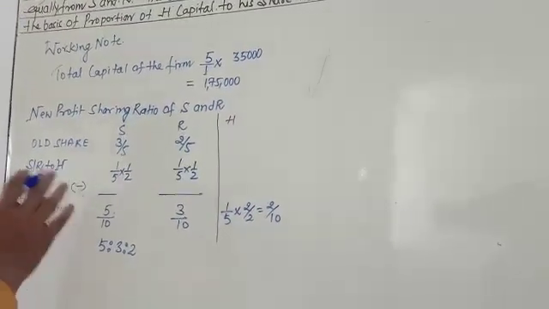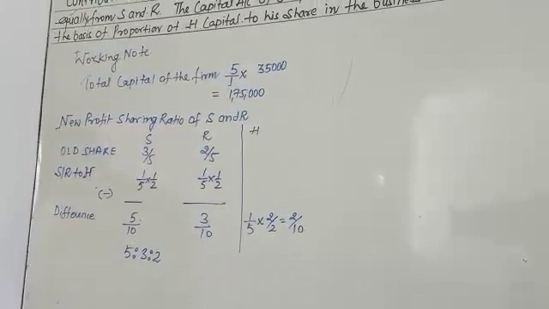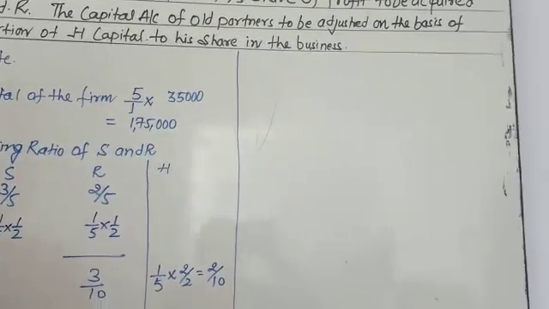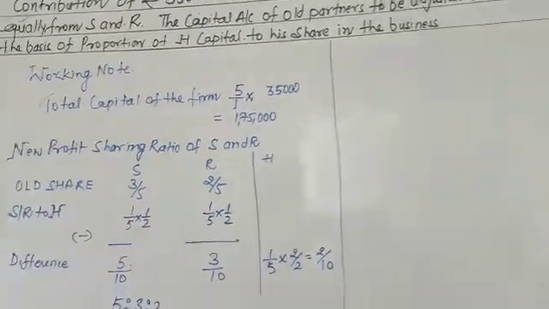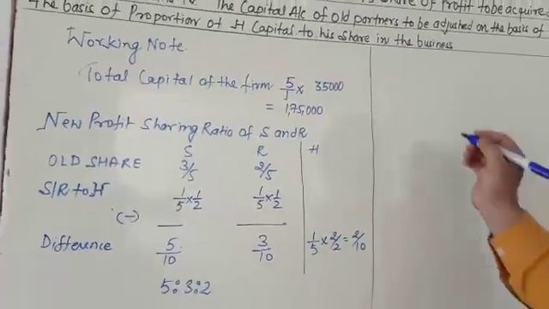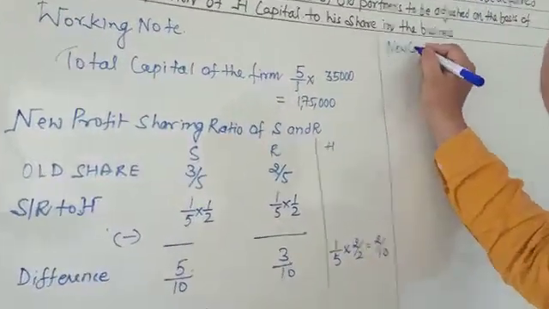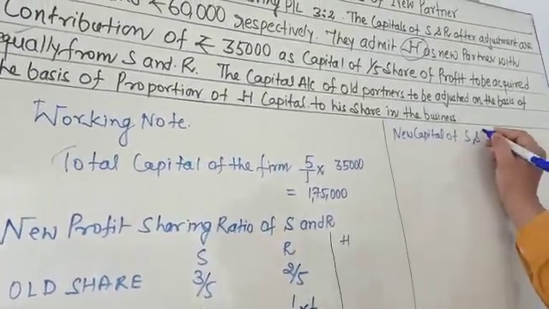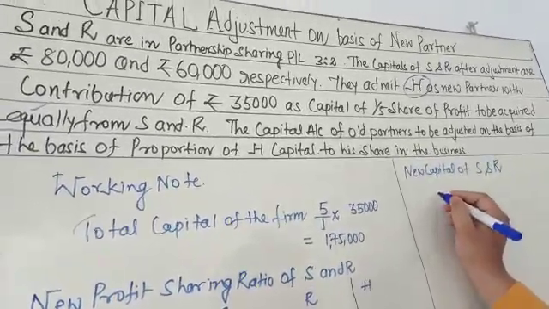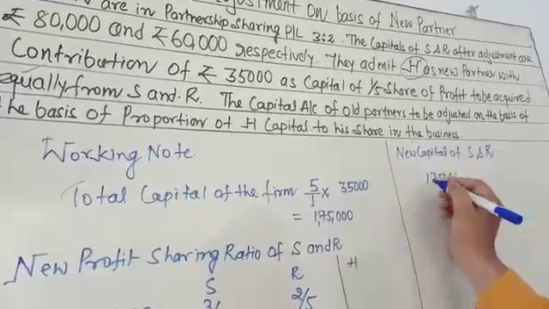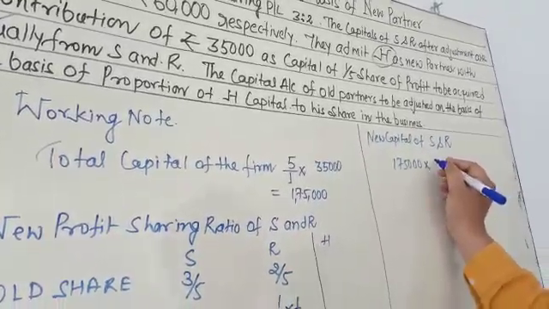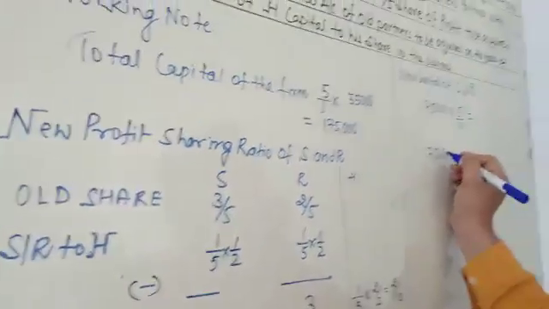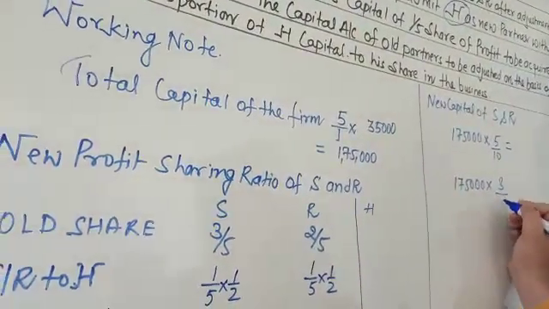Okay, I am going to erase this one. So now you calculate the new capital of S and R. You have to multiply 1,75,000 into 5 by 10, and 1,75,000 multiplied by 3 by 10.